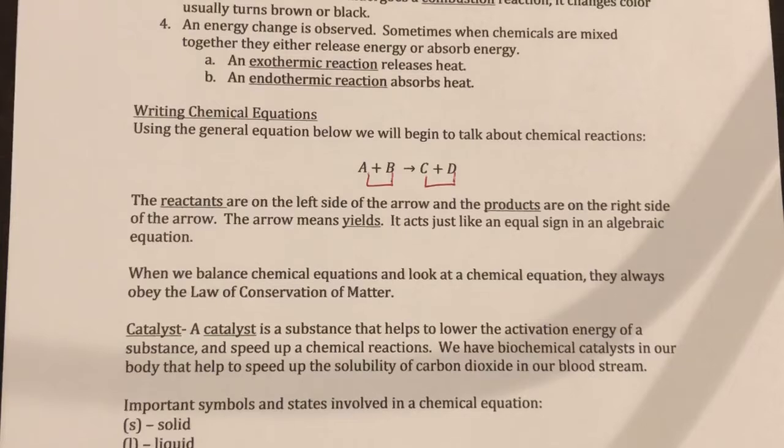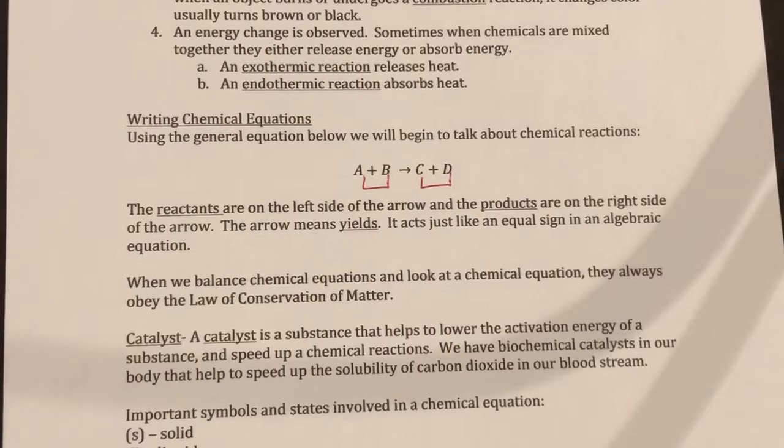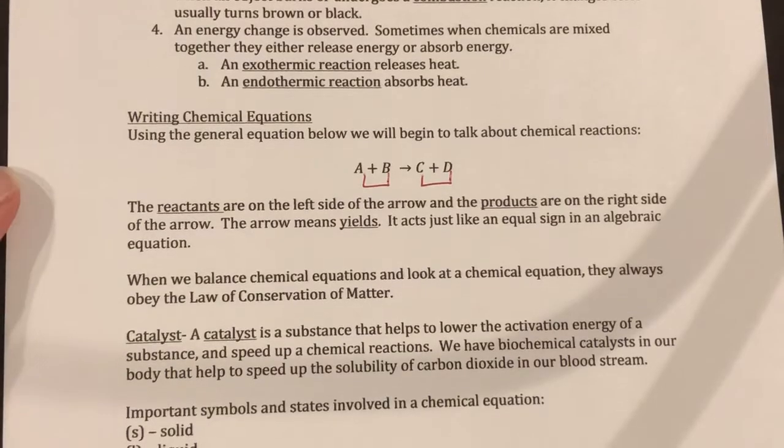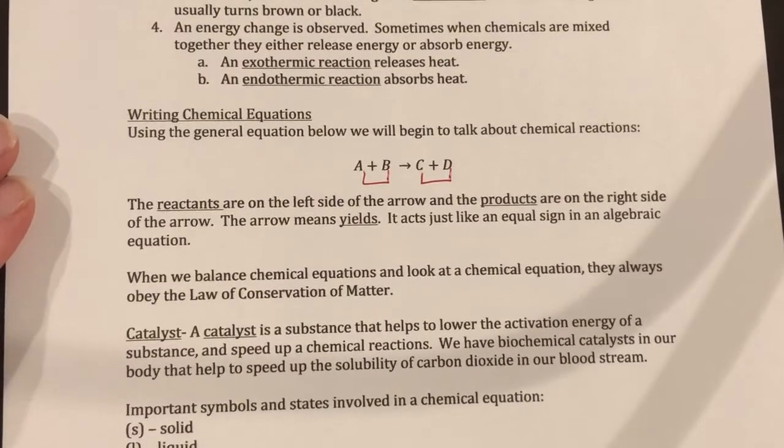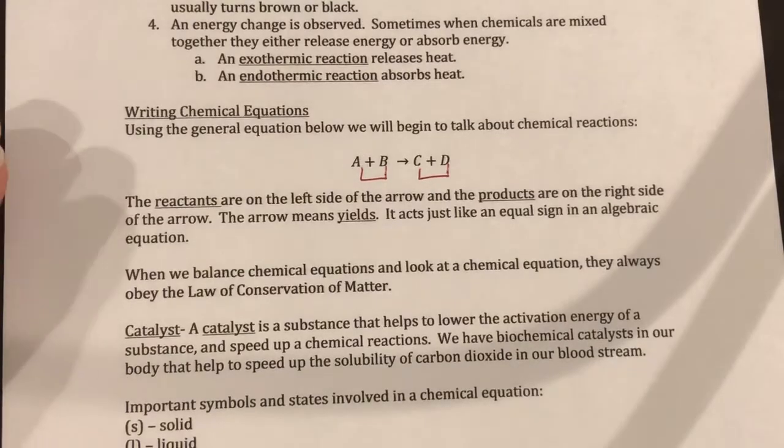Okay, something that helps to lower the activation energy of a reaction is called a catalyst. Okay, it helps to speed up a reaction. In biology, in our bodies, we have biochemical catalysts that speed up the dissolving process of carbon dioxide in our bloodstream.